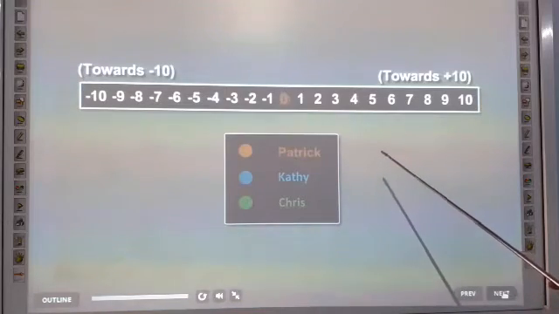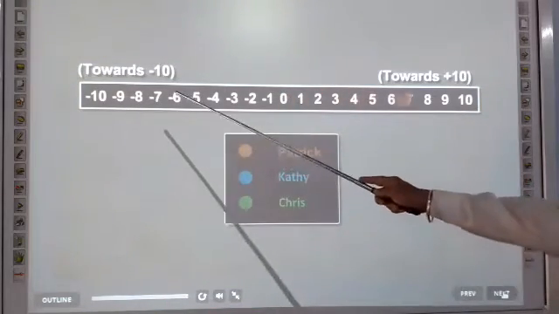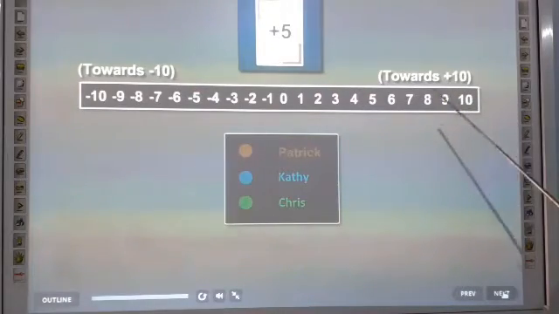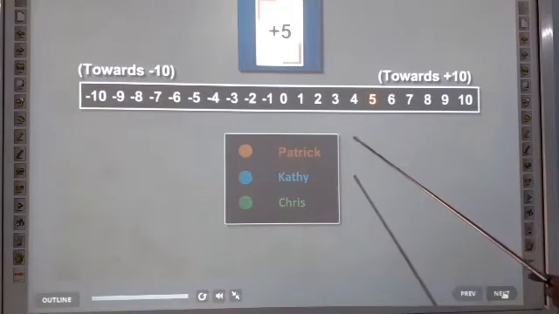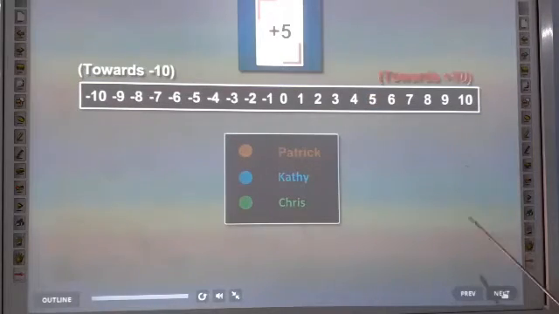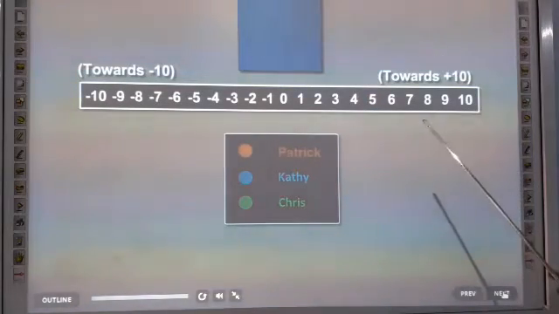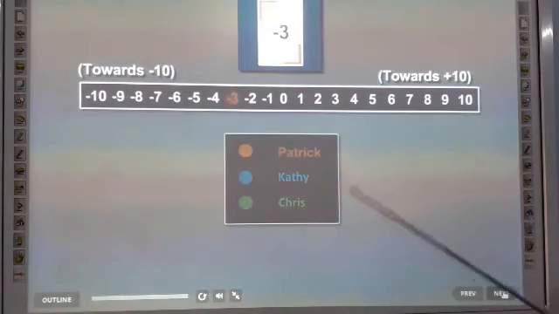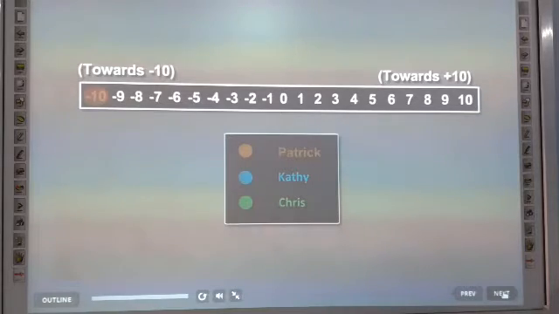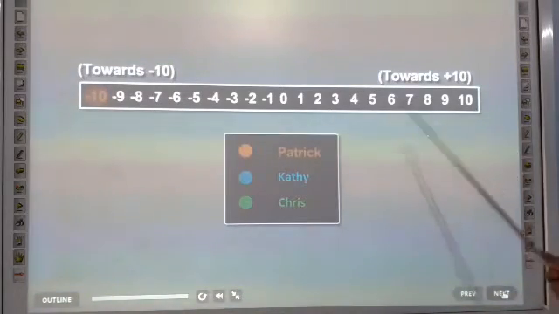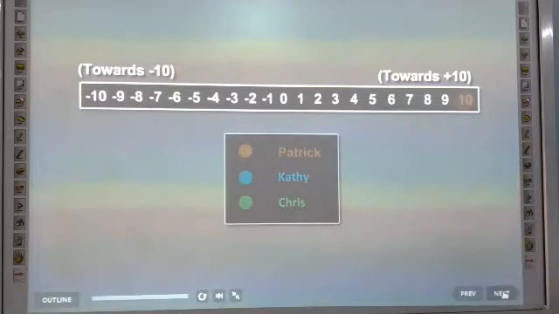Look here. Show the board. Two words: minus 10 and plus 10. All positive integers and all negative integers.